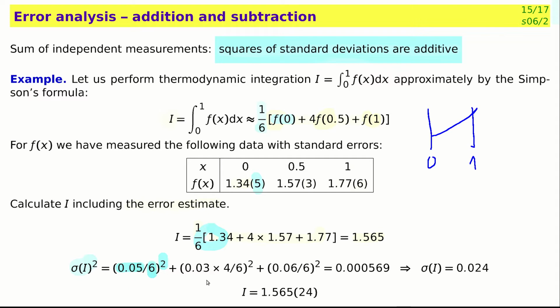And I'll do the same for the second value. The error estimate is 0.03, and the factor which I have in front of it is 4/6 squared. All errors are summed up, and I get this result, and then I will calculate the square root, and final result is here.